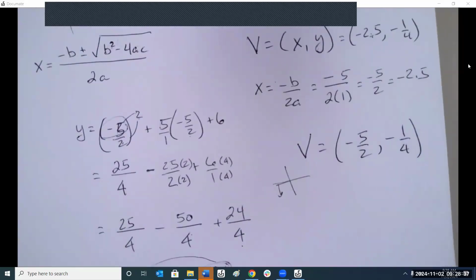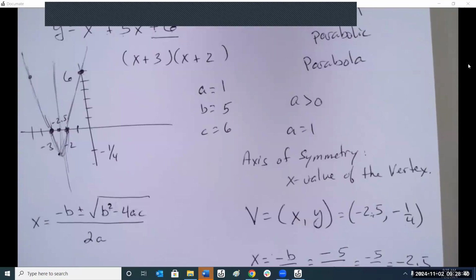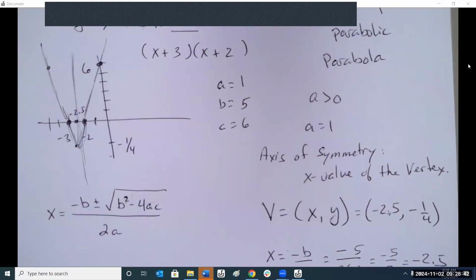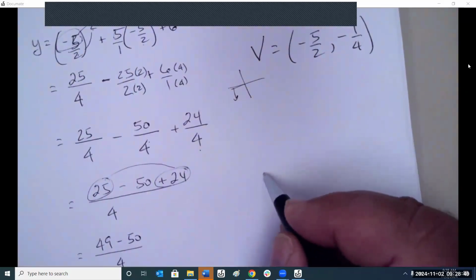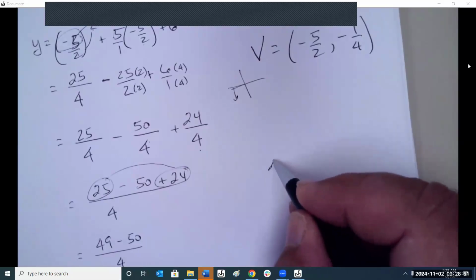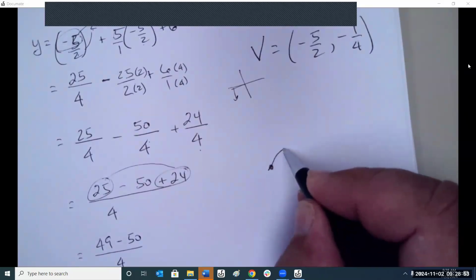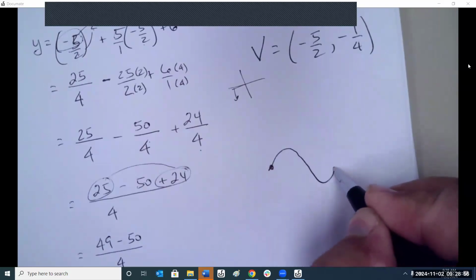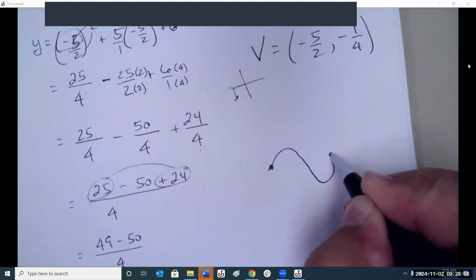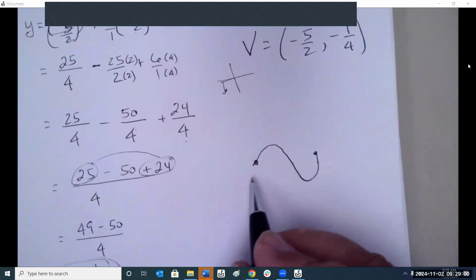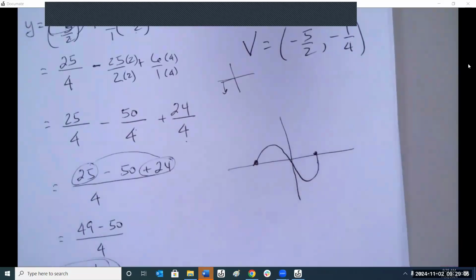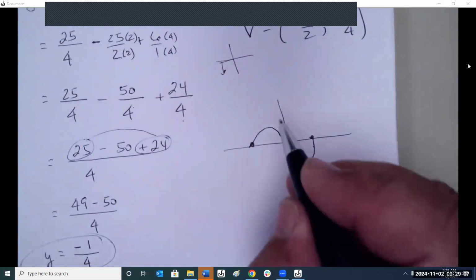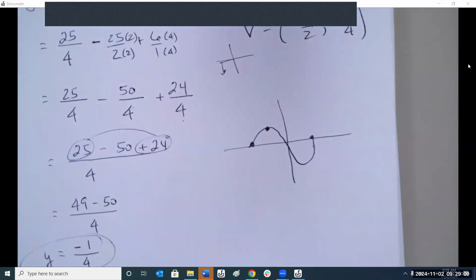Let's do another example. Let's say I'm going to start off with these points here. This is a vertex, right?